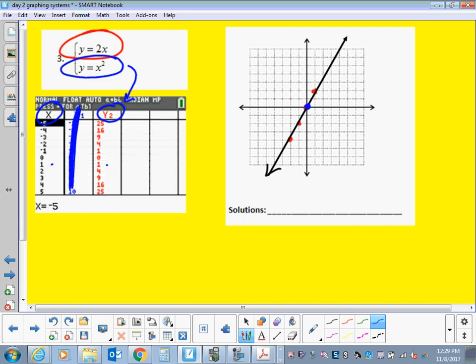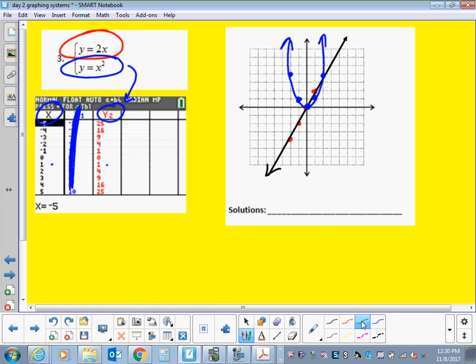You don't even need it. 1, 1. 2, 4. Negative 2, 4. Negative 1, 1. Do we see my parabola here? Yes?